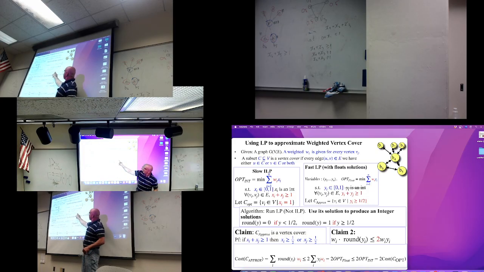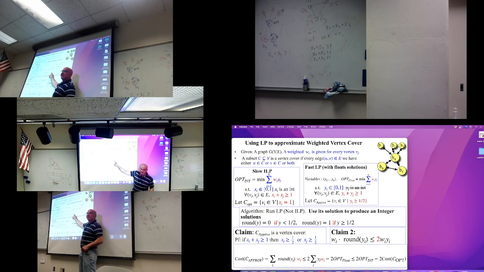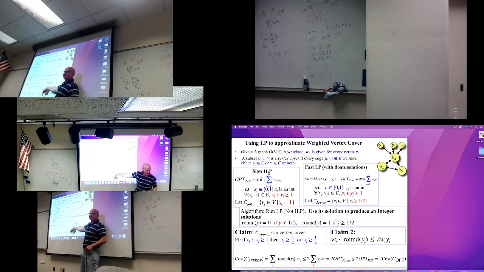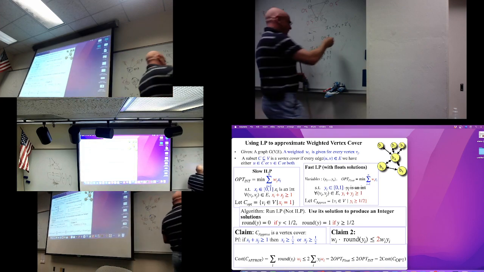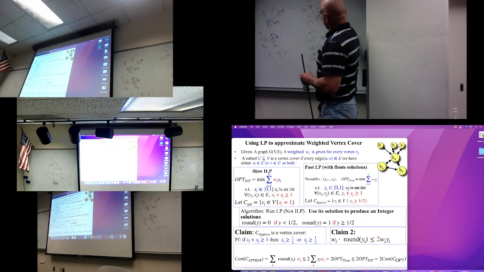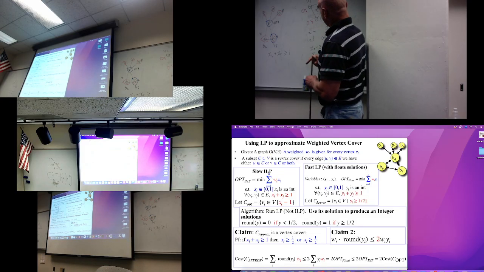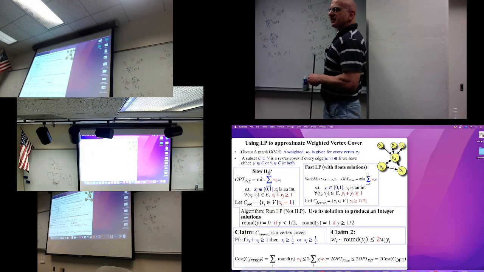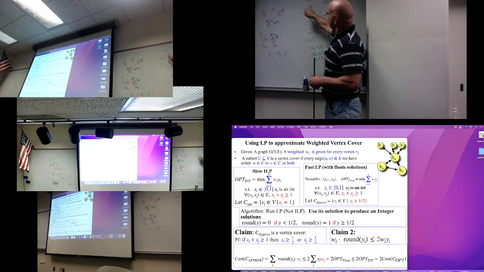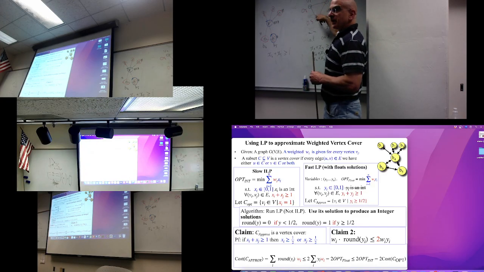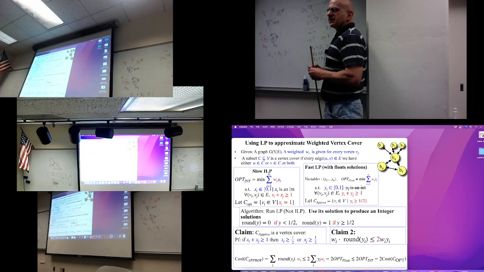If yi is smaller than half, then vi is not in your set. You truncate it to 0. So when I truncate them in this case, of course, I'll take all 3 vertices, but you can guess that if it's 0.8, 0.8, and 0.2, then there is a chance that it will give me the optimal solution, which is 2.